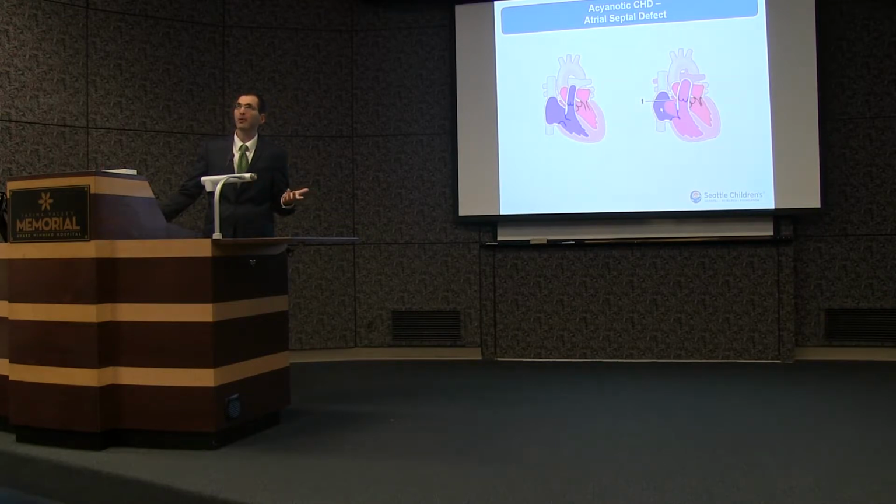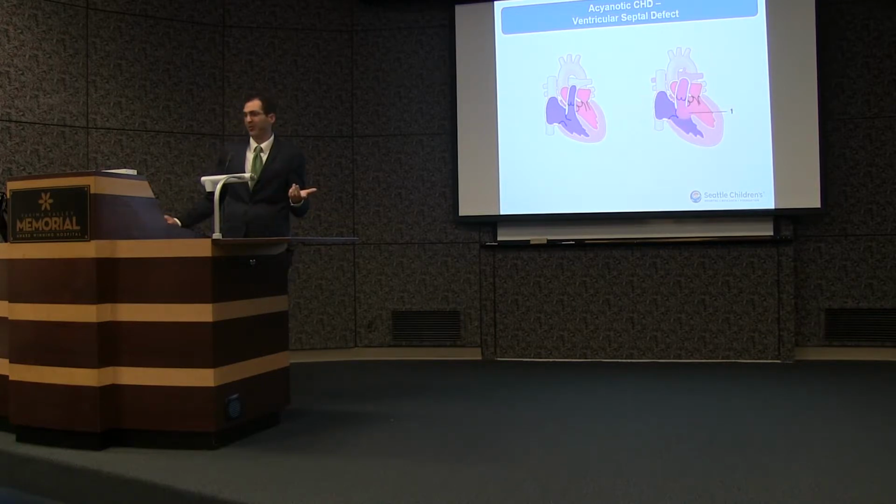So an ASD is going to be a hole between the top chambers of the heart, or the atrial septum. Whereas a VSD, or ventricular septal defect, is going to be a hole between the bottom chambers of the heart. And the nice thing about these images is that they're color-coded, so they give you a sense of what the oxygen saturations are expected to be.